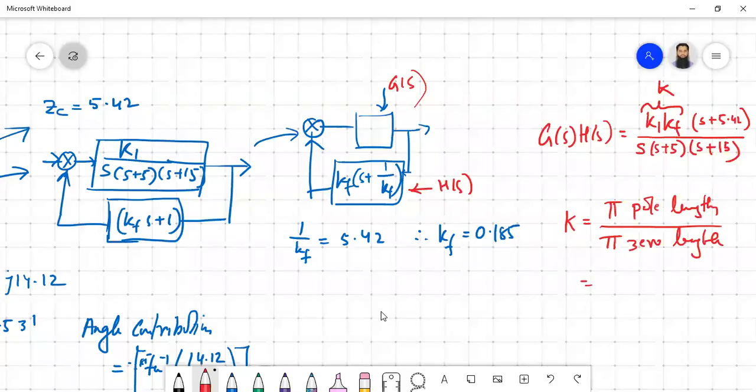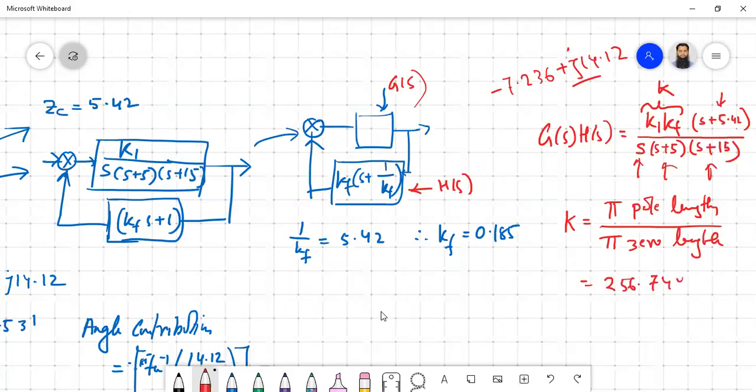If you apply it, you are going to find the distance from this zero and the distance from this pole to the new point that we figured out, minus 7.236 plus j14.12. If you just put the values and apply Pythagoras, you're going to get 256.744.